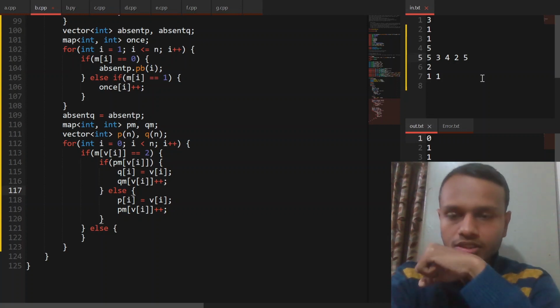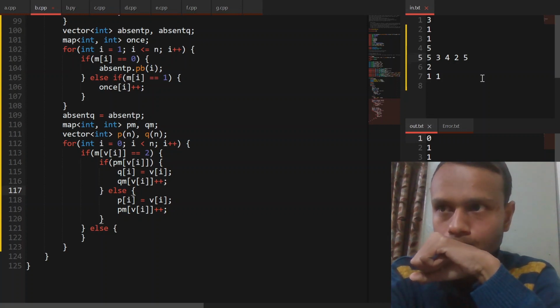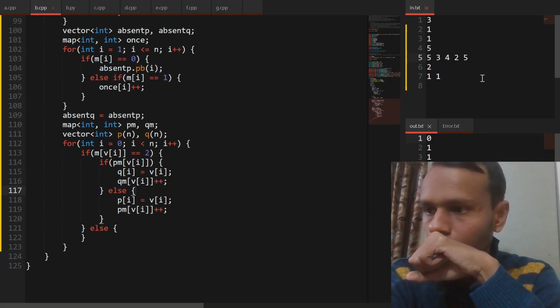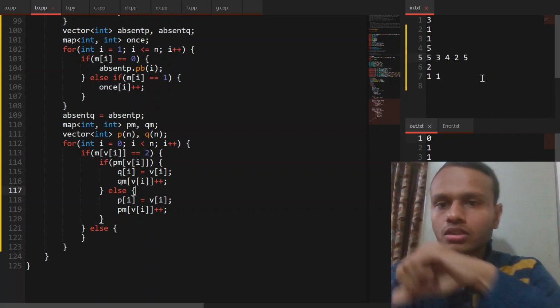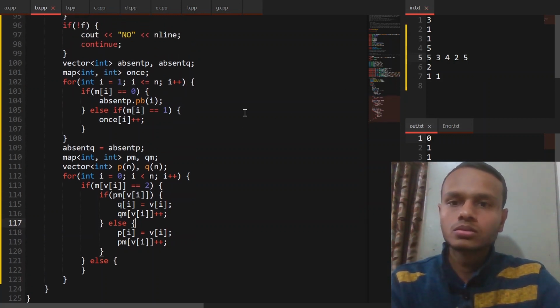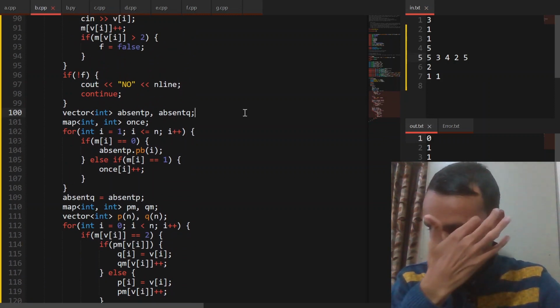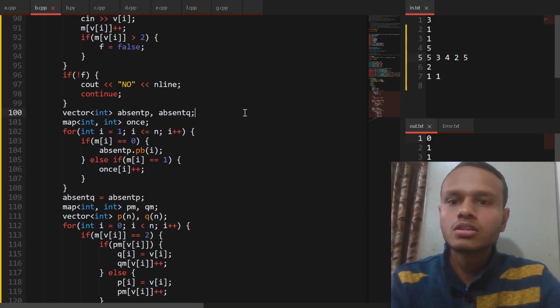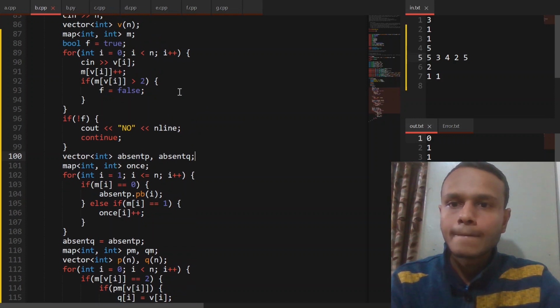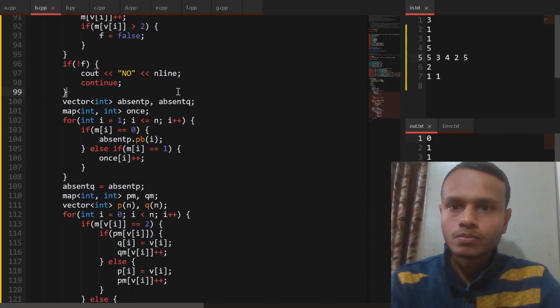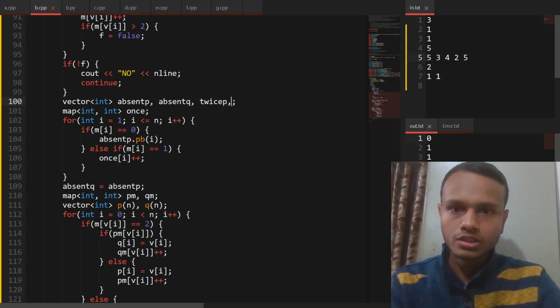And all those cases we have to cover. Okay, so I think we'll have to map the values further. Twice p and twice q, I think.